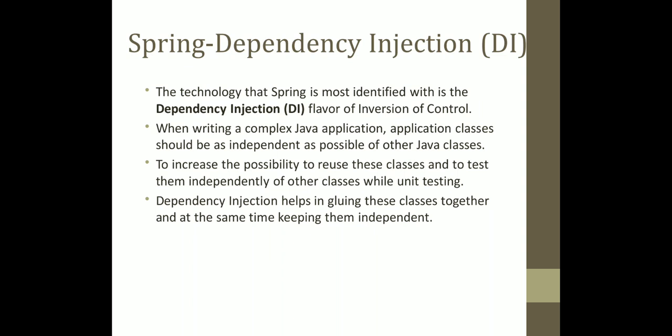Then in dependency injection, the word dependency means association between two classes. Okay, so we will see what this term dependency injection is made up of. In that, the dependency means association between any two classes. We know the word depend, right?